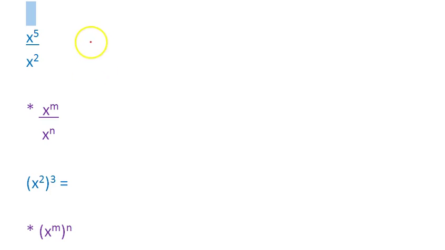Okay, now let's look at the division. So x to the 5th over x squared, what does that mean? That means we have 5 x's on top multiplied by each other and 2 x's on bottom. And so if you think about what happens there, they actually kind of cancel out, some of them, and that leaves us with 3 x's on top, which is x cubed.